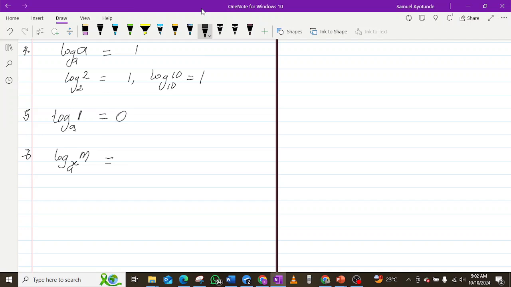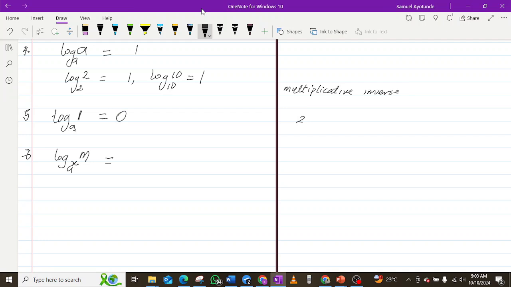That is, the power in the base will become the coefficient, but not just the power in the base, the multiplicative inverse of the power in the base. For example, the multiplicative inverse of 2 is a number that will multiply 2, and the answer it will give is 1. Let me talk about multiplicative inverse briefly.